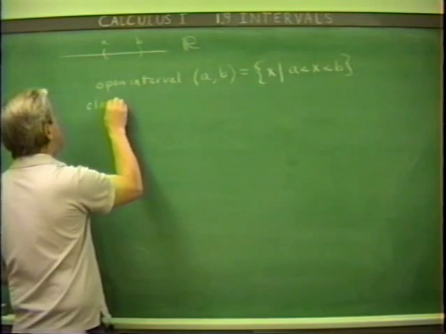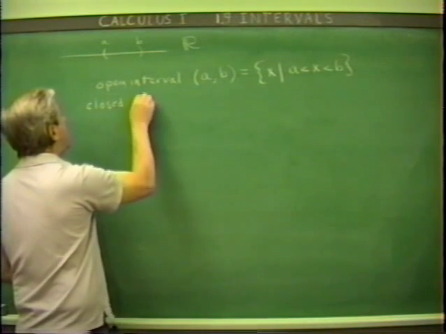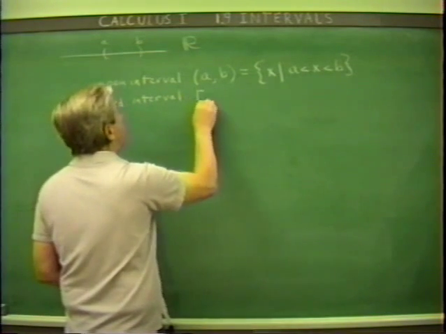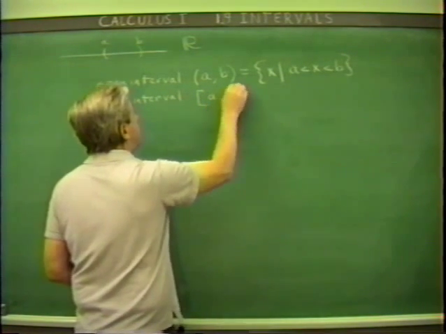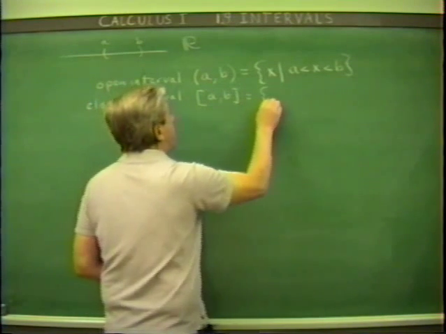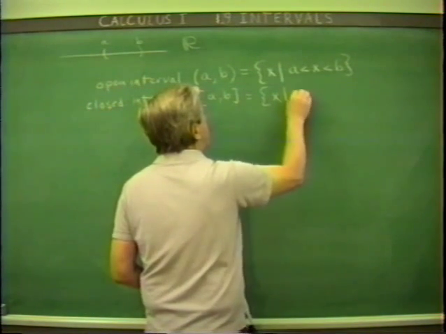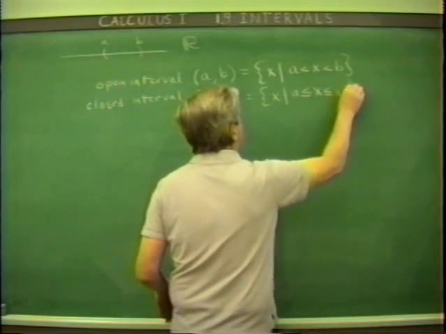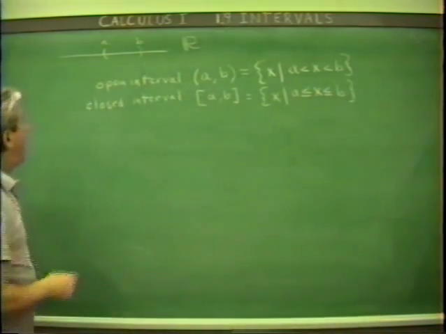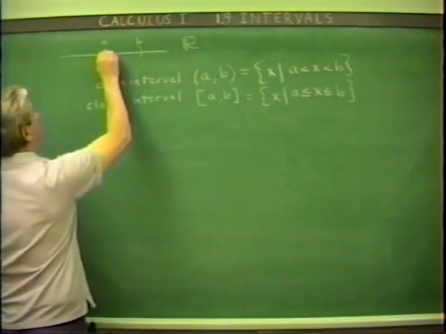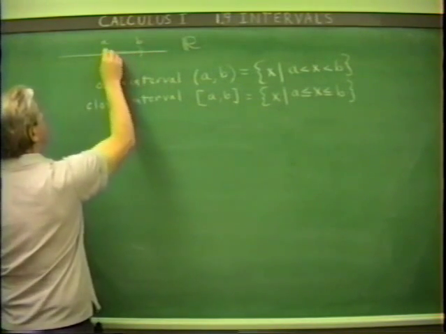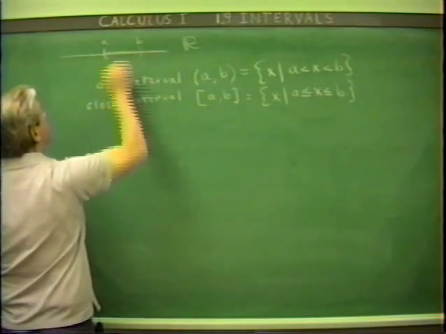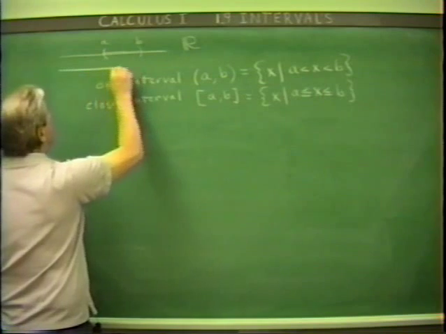If we wish to include the A and the B, then what we end up with is what's called a closed interval. And we use square brackets for that. This is the collection of x such that A is less than or equal to x is less than or equal to B. One frequently will draw the open interval with rounded parentheses like so.